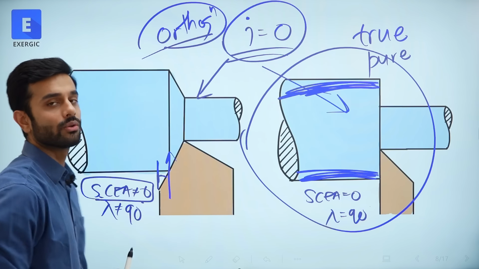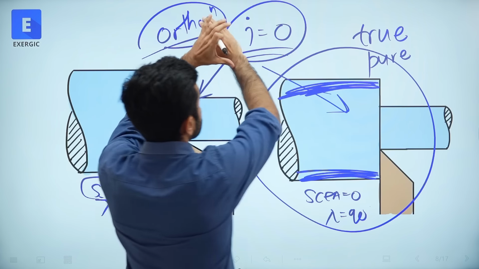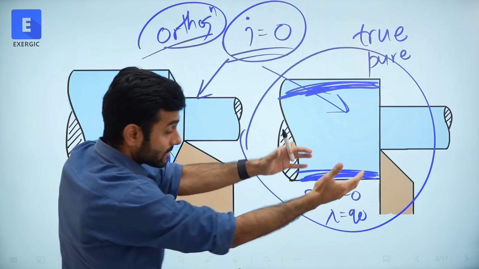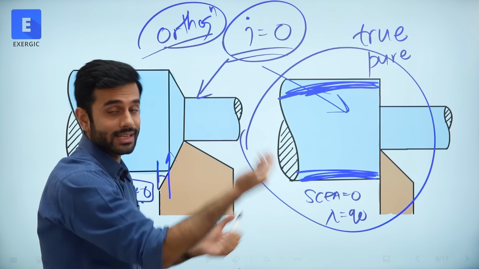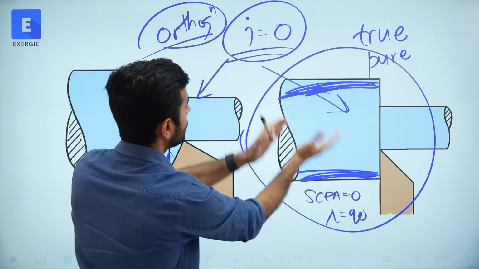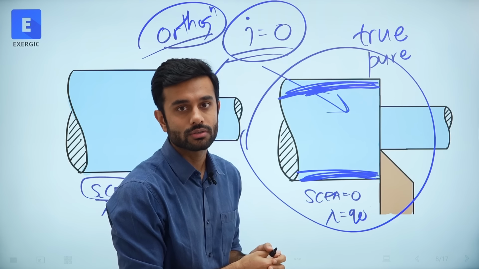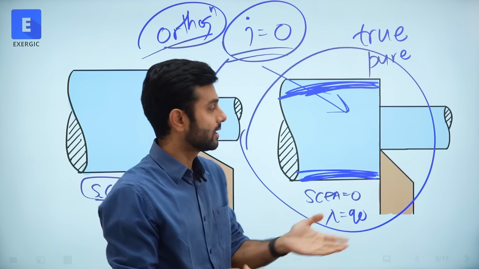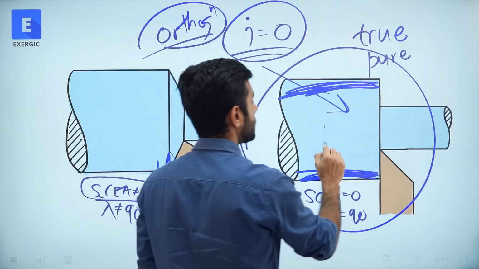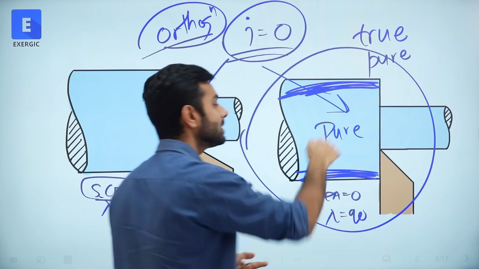Both of them are orthogonal only. Sometimes the question will mention orthogonal in its language, like they have done in this case, and you have to figure out which one this is. Sometimes they will simply write true orthogonal or pure orthogonal. So it depends upon the question. It does not mean that only if the question writes pure orthogonal or true orthogonal, then it will be used.